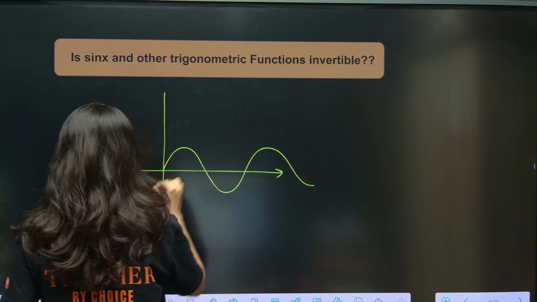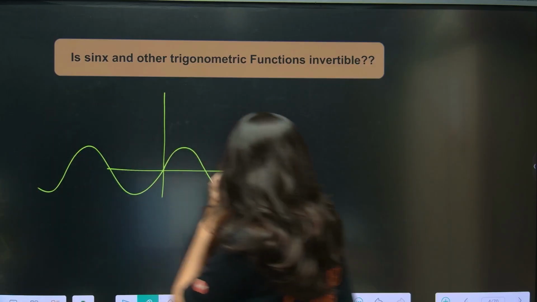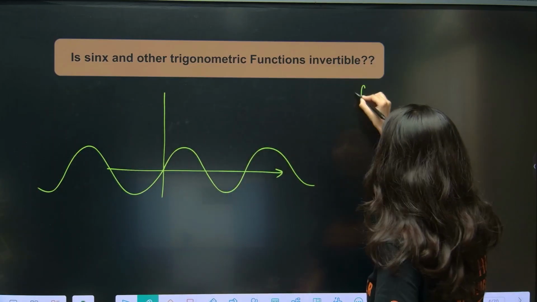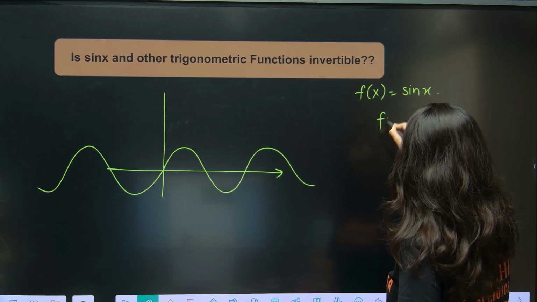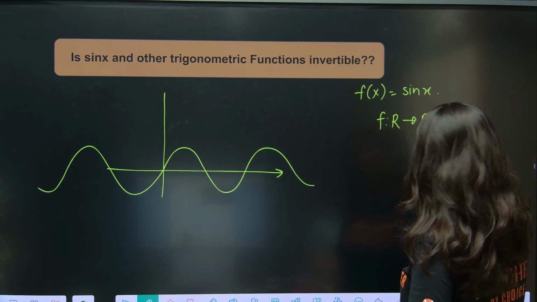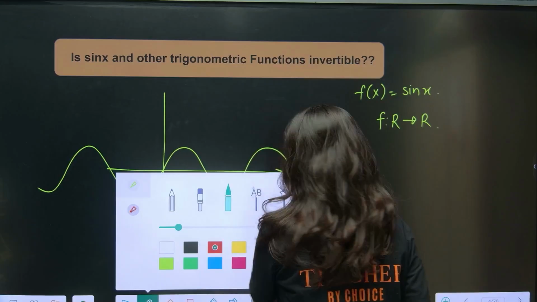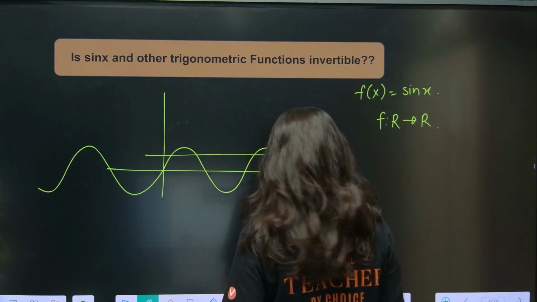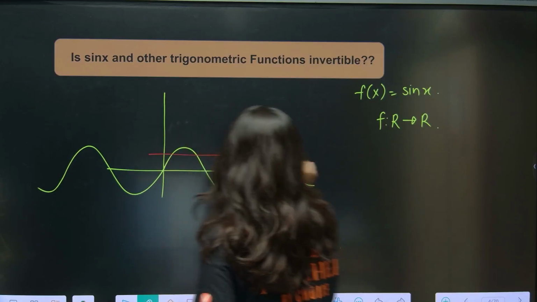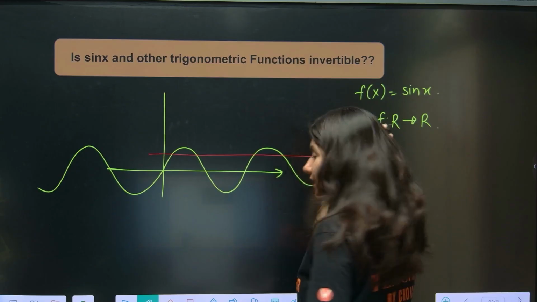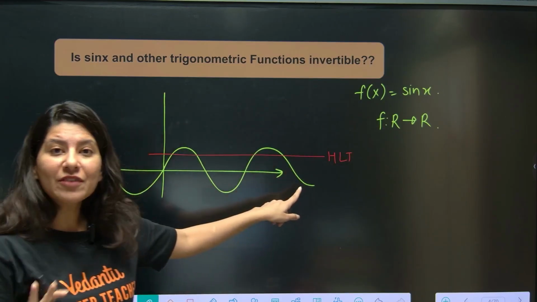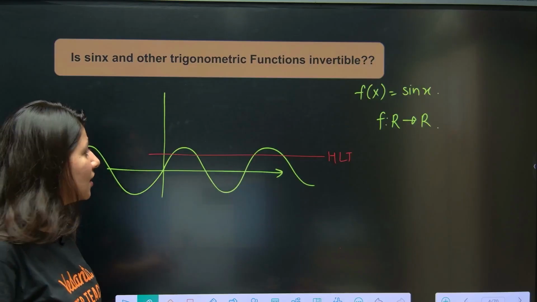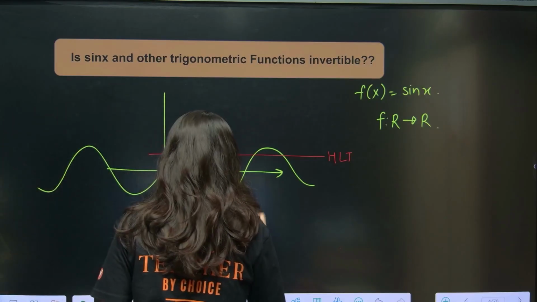Clearly, if f of x is equal to sin x, where f is from R to R, the very first thing is, if I draw a horizontal line test, I will realize that HLT says this is not at all a 1, 1 function. This is a many-one function.